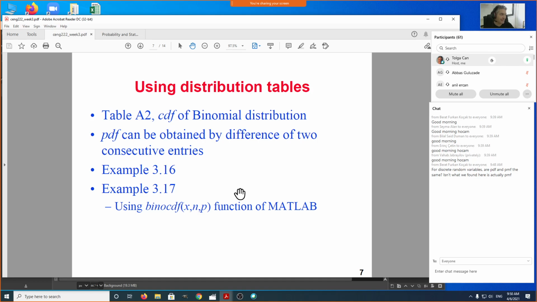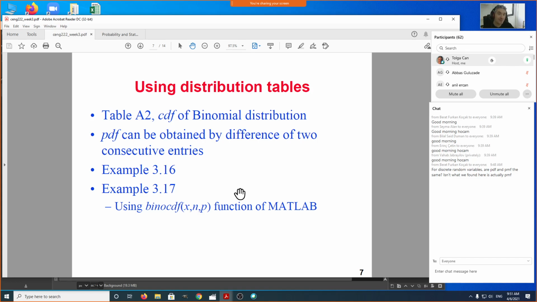It has to be integrable, or you should be able to take the derivative. In the case of discrete random variables, our probability functions are step functions between intervals. So they're not continuous, so you cannot take their derivative.